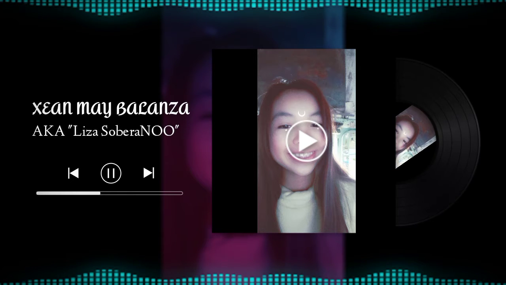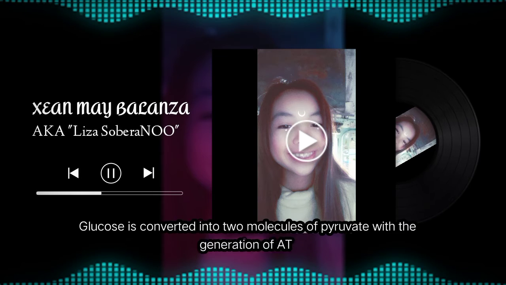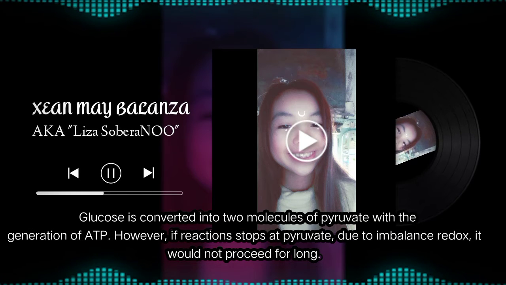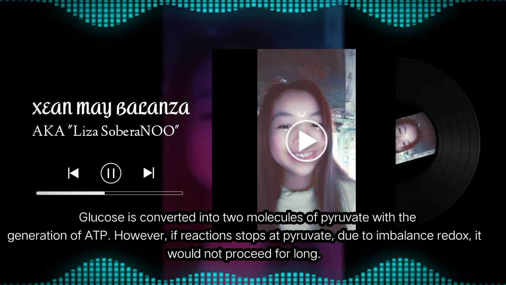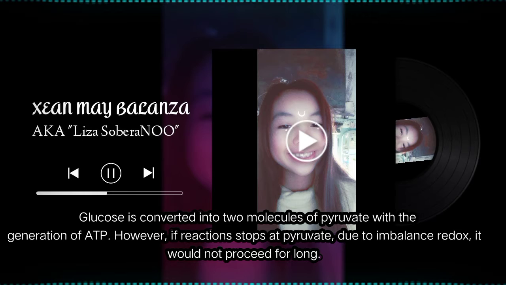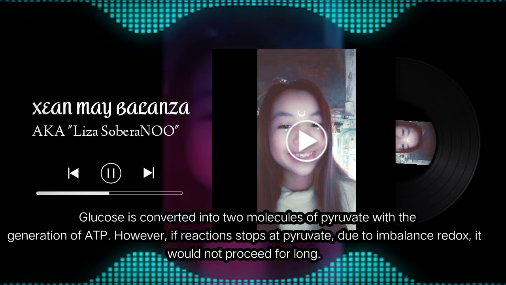In glycolysis, glucose is converted into two molecules of pyruvate with the generation of ATP. However, if the reaction stops at pyruvate due to imbalance in redox, it would not proceed for long.